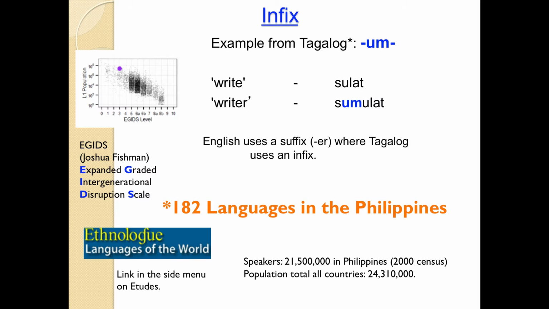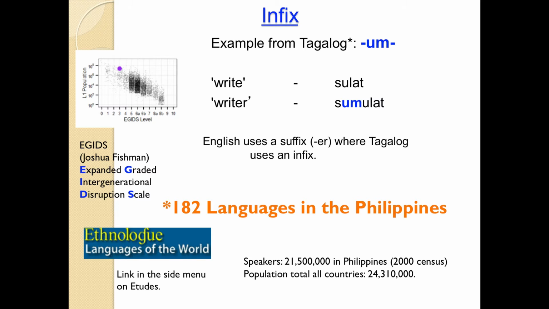So Ethnologue tells us that there are about 21 million speakers in the Philippines who speak Tagalog, and the population total in all countries is over 24 million speakers. So that language is sitting pretty in terms of not being endangered.